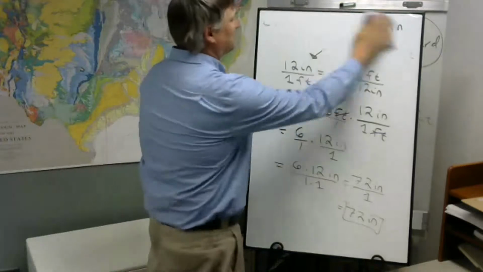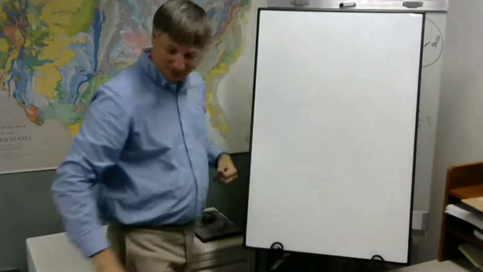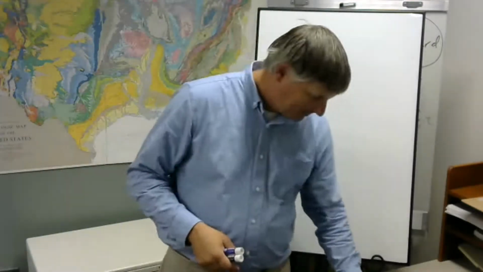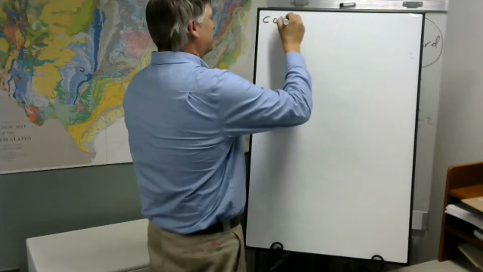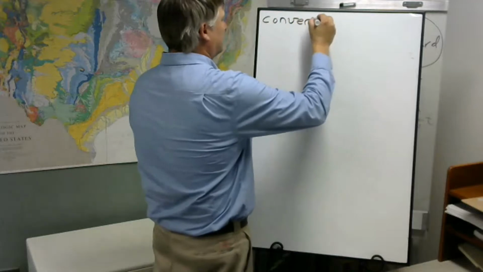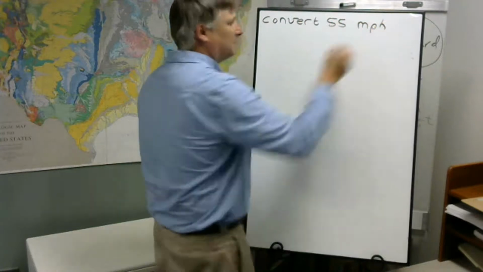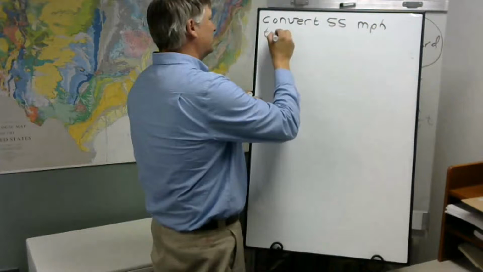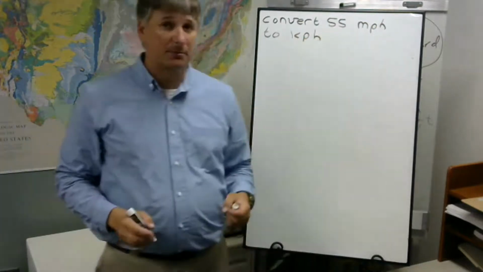All right, so let's do another one. Let's say we're going to go kilometers to miles. So let's say we're going to do this. Convert 55 miles per hour to kph, which is kilometers per hour.